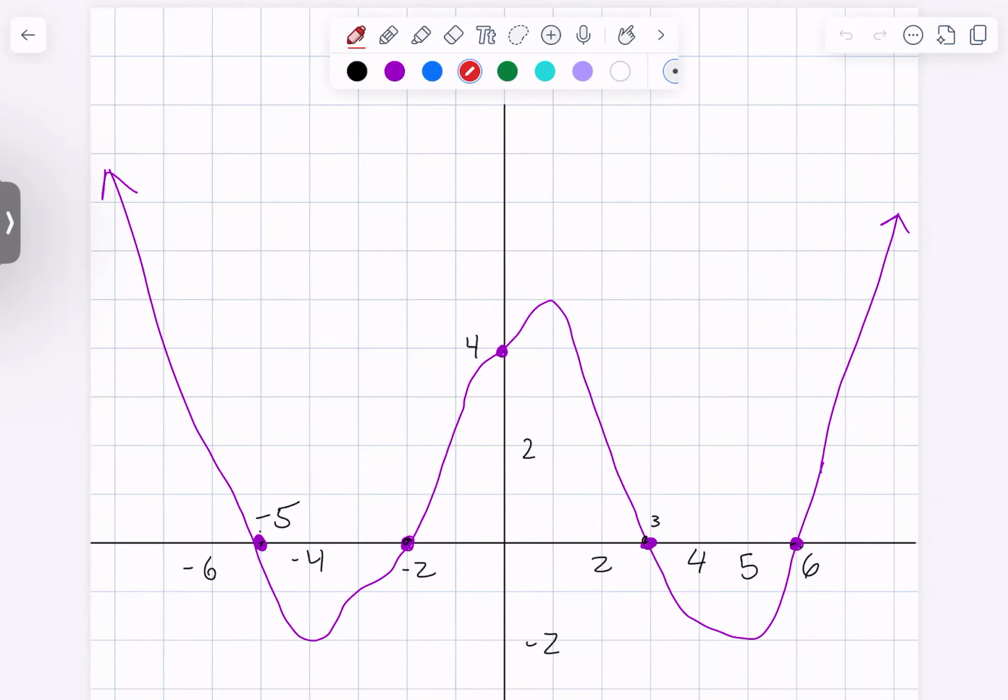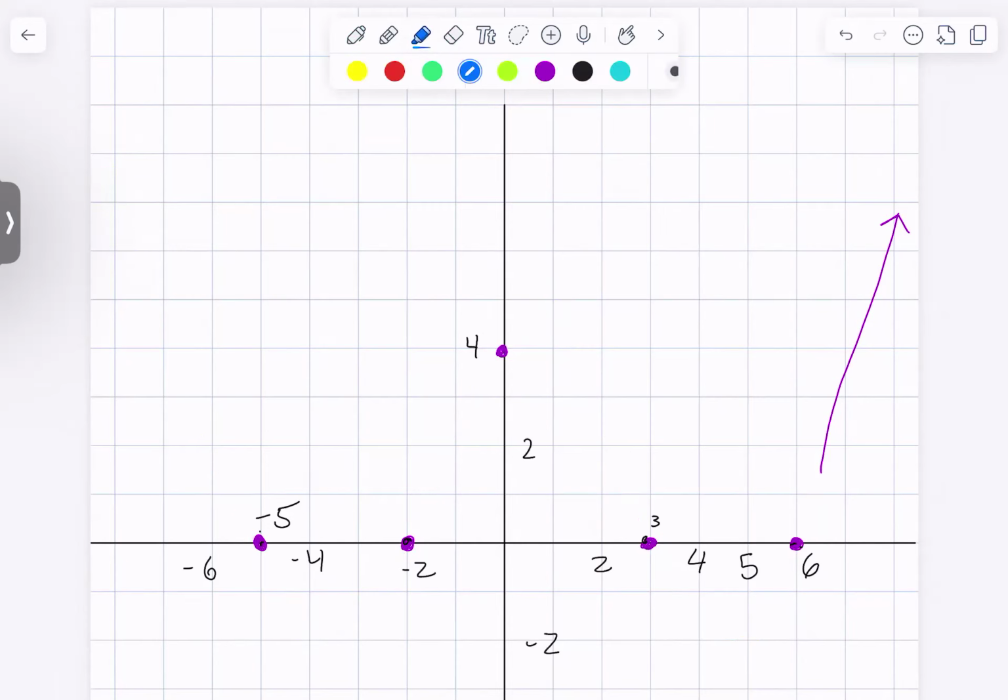Where did it start? -8? No. 4? No. Negative infinity, right? It starts off at negative infinity because of this arrow here.